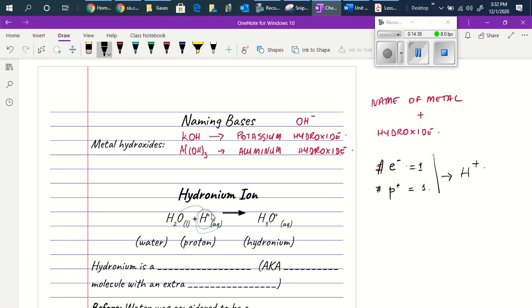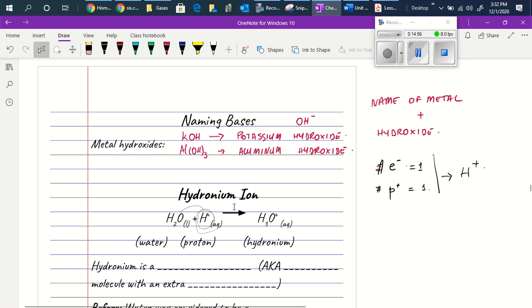So the hydronium is actually a water molecule with a hydrogen proton or hydrogen ion attached to it.